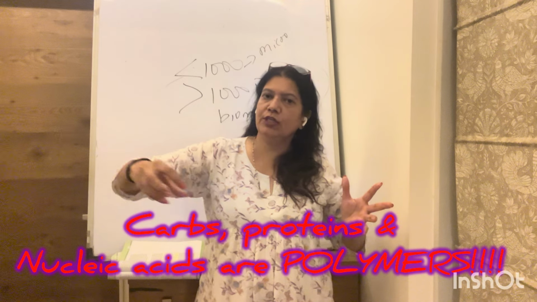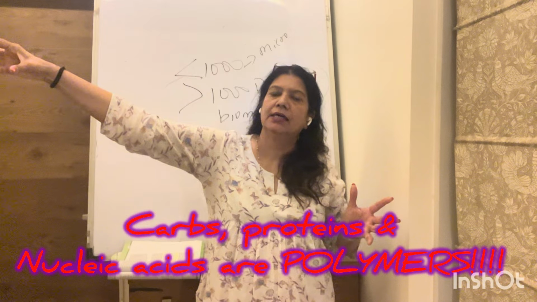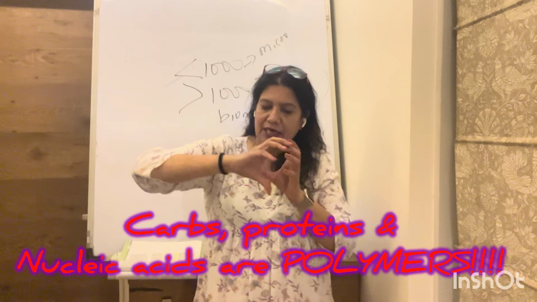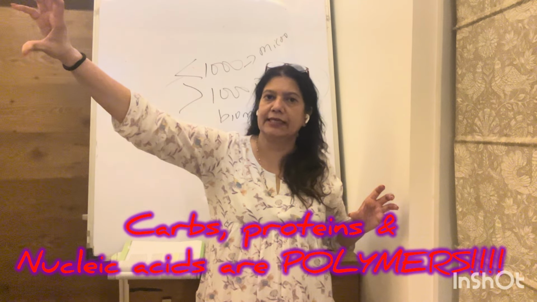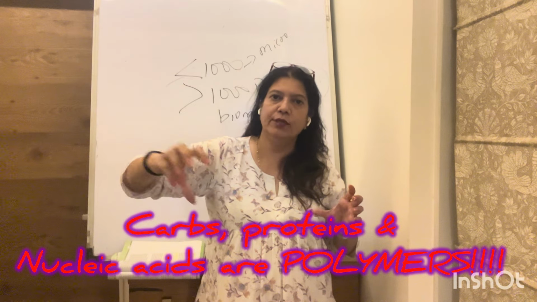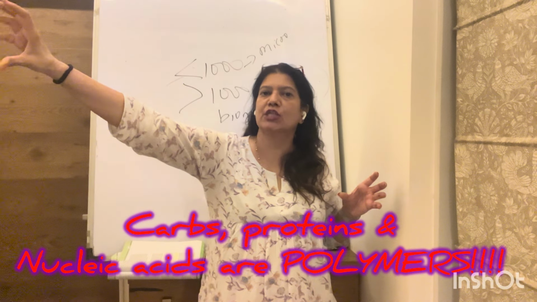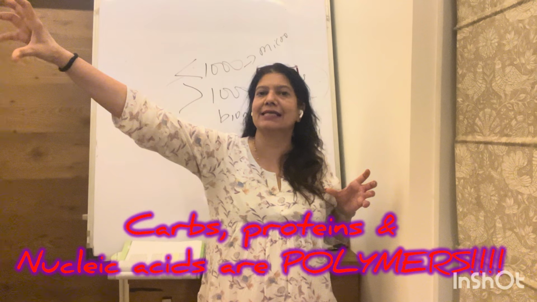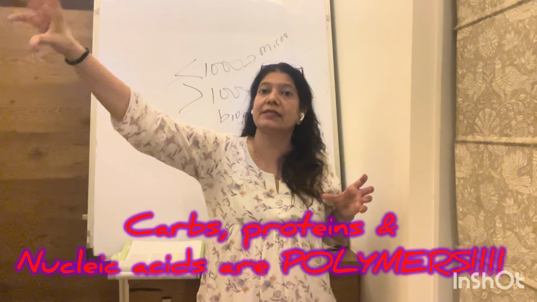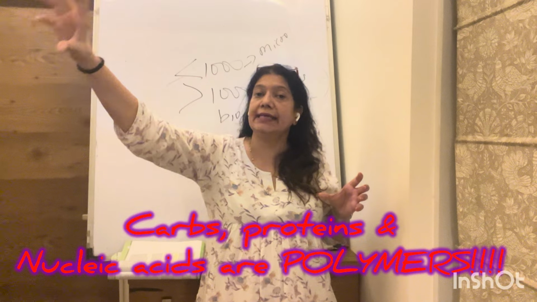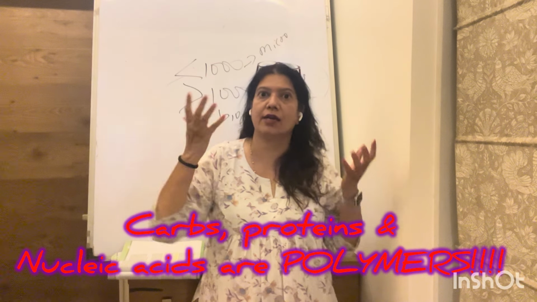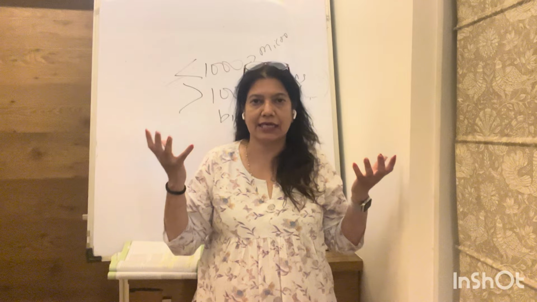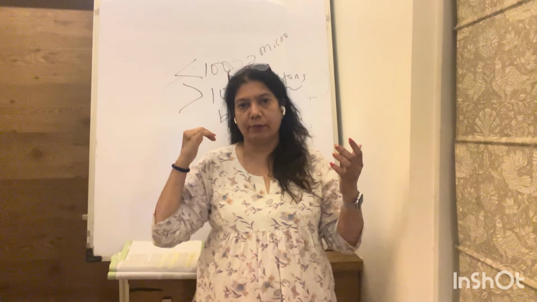Several units of monosaccharide combine together to form a large polysaccharide. Several units of amino acids combine together to form a large protein. Several units of nucleotides combine together to form a nucleic acid. Hence, all these 3 are present as polymers, and they are biomacromolecules, or large, heavy molecular weight compounds. Let's deal with them one by one.